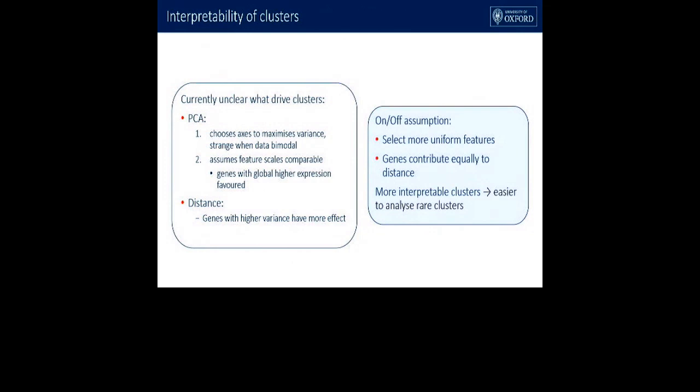So we hypothesize that binarizing the data might help with both feature selection and also clustering. More uniform features, and in the limit, binarized features, will lead to more interpretable clusters as the contribution of each gene to cell distances becomes comparable. If we have a greater understanding about what genes are causing rare clustering, then we can make a more informed decision about whether that cluster is even relevant.